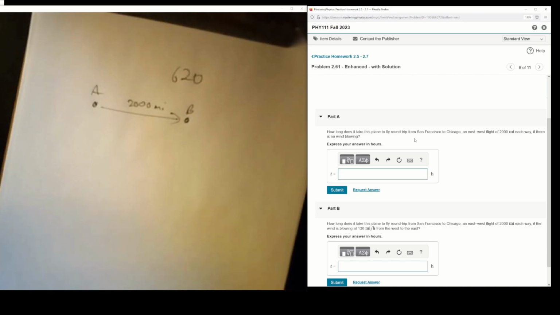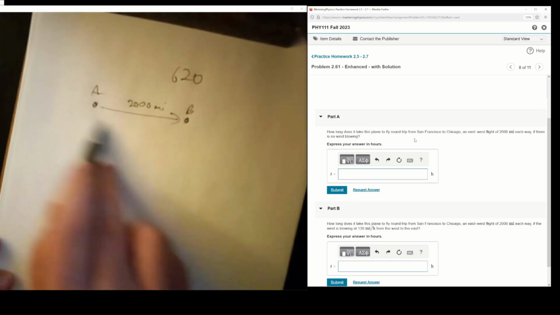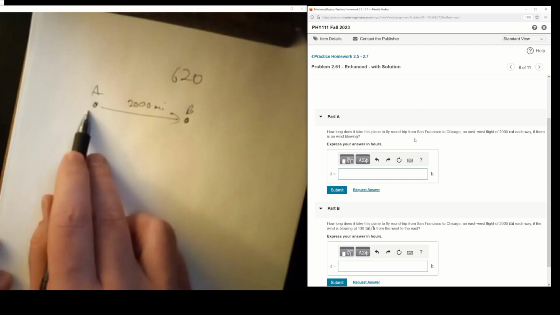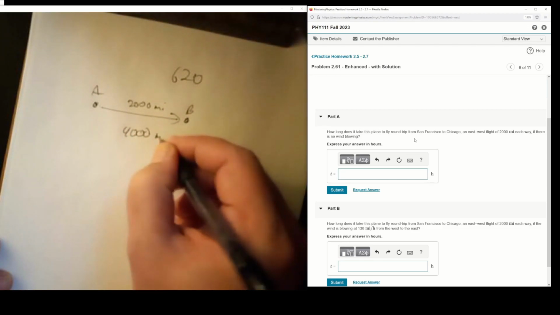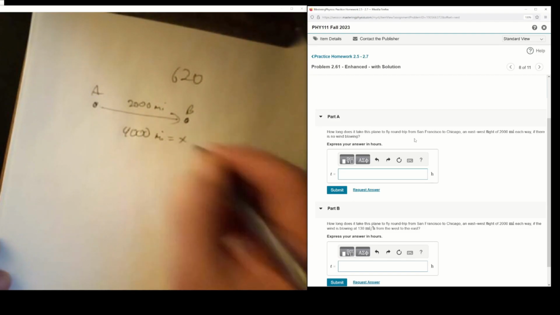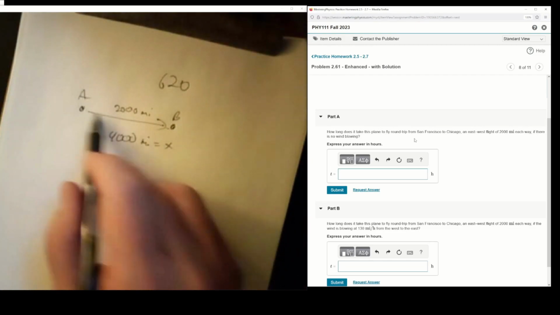There's no wind blowing. So no wind. So we're going 620 this way, 620 this way for a total of 4,000 miles. That would be our displacement, or distance traveled actually here.